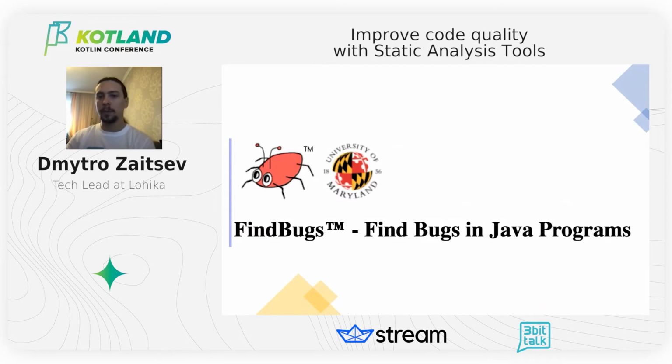It focuses mainly on classes, and it looks for any design flaws, looks for potential bugs, and it needs compiled code to work, and eventually it will be fast since it works on the bytecode level. So the categories where it finds issues: correctness, dodgy code, multi-threaded correctness, and internationalization, everything. That was a really cool tool. Unfortunately, it's not supported anymore.